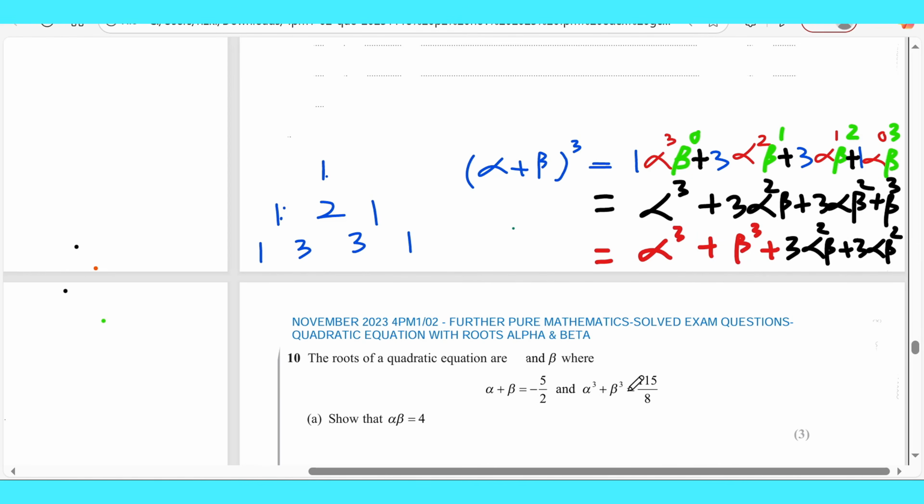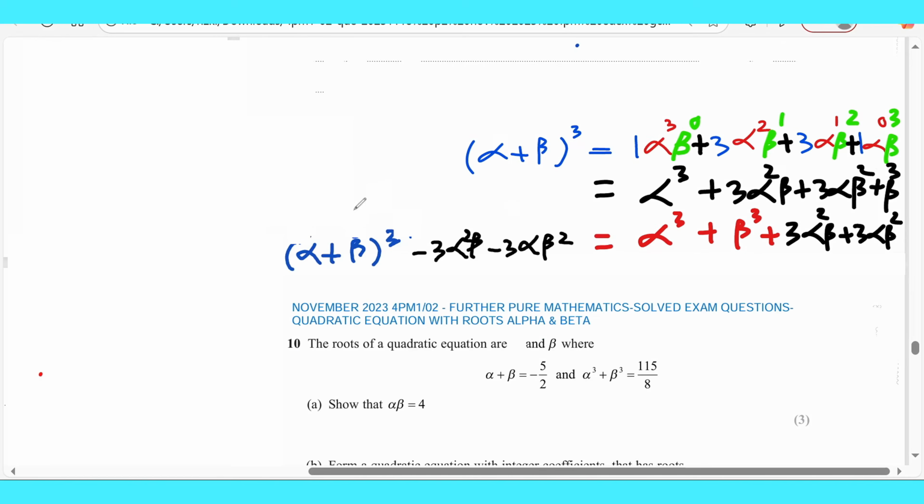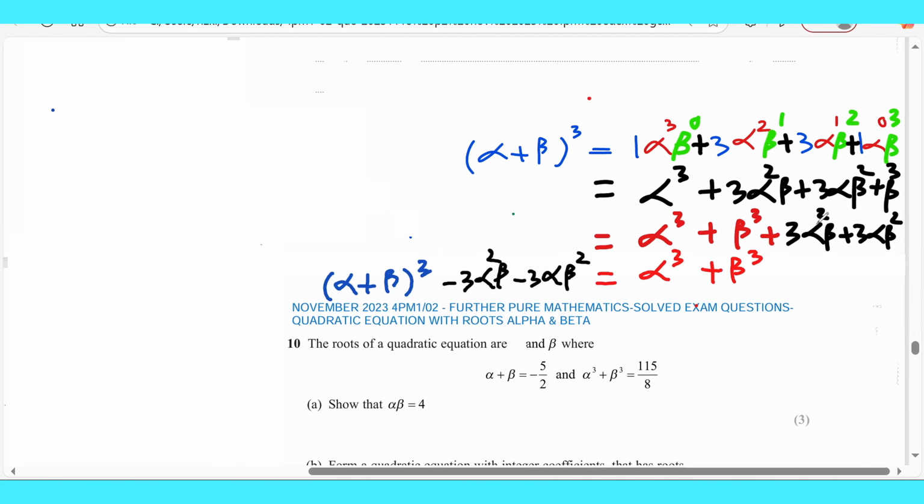So we move these two to the other side, to the left side, and we have alpha cube plus beta cube. That's what we want here.